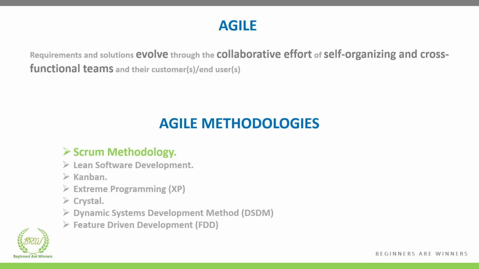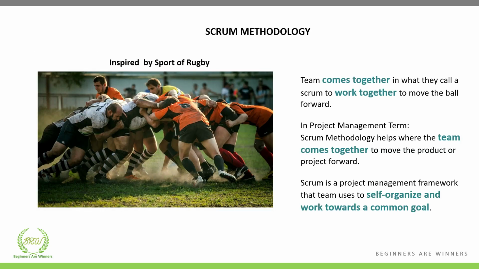And Scrum is designed to help teams work collaboratively and adapt to changing requirements efficiently through sprints of 2 to 4 weeks of duration. So let's understand what Scrum means deep down. Its origin is inspired by the sport of rugby, wherein the team comes together in what they call a scrum to work together to move the ball forward.